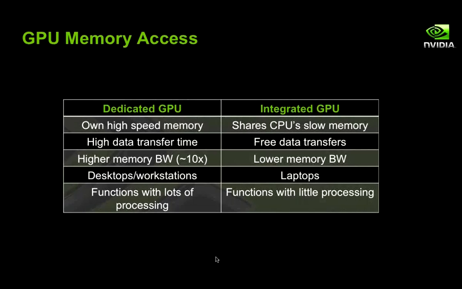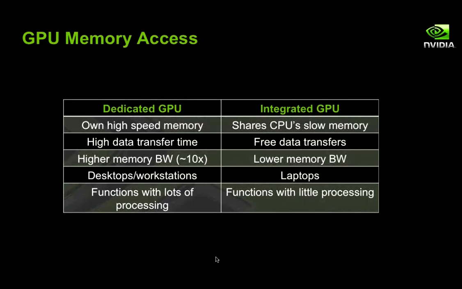In the case of the discrete GPUs, you would have to explicitly transfer data from your CPU memory to your GPU memory. But in the case of integrated GPUs, since they all share the same memory space, the transfers are very fast and almost free. Like I mentioned, dedicated GPUs have higher memory bandwidth, and since integrated GPUs share the memory with the CPU, it's usually slower and of lower bandwidth.